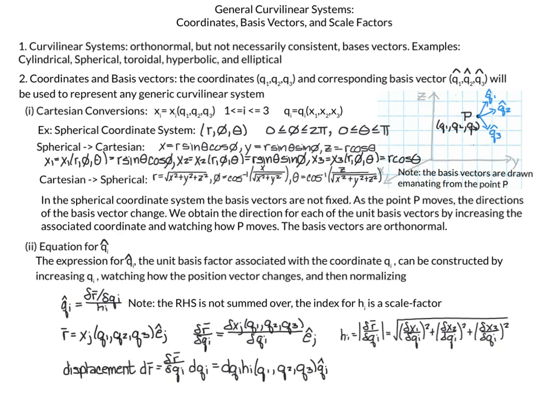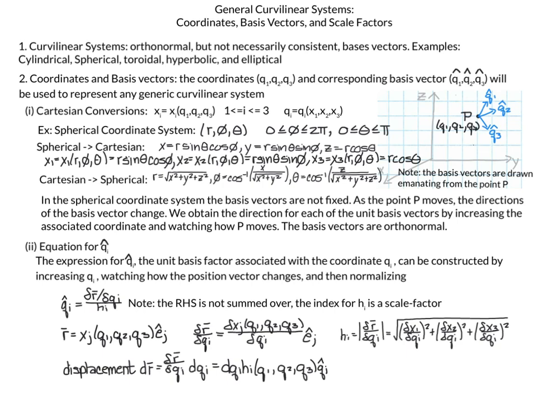In general, r is x sub j of q1, q2, q3 in the j direction, and we took the partial derivative of r with respect to q sub i. So if we wanted the basis vector for the second coordinate, we would take dr dq2. We took the partial derivative, and then divided by its length.